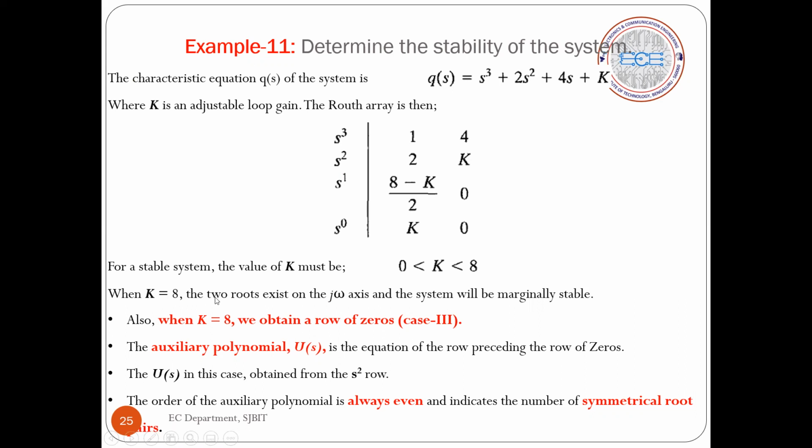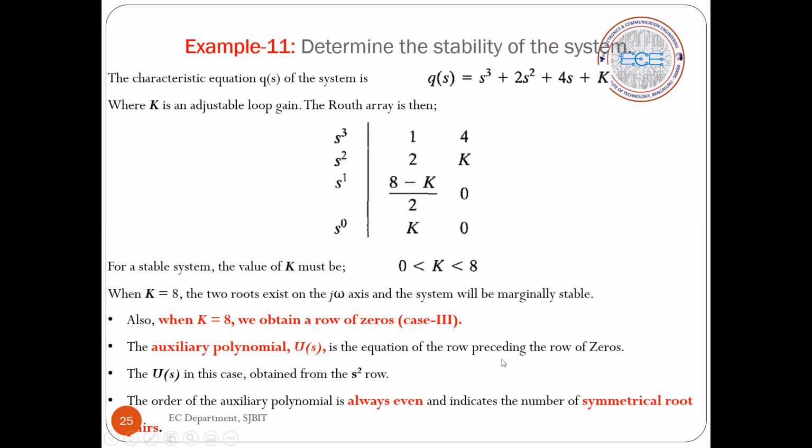So when K is 8, the two roots exist on the j omega axis and the system will be marginally stable. Correct? If it is marginally stable, then the roots exist on the imaginary axis. And the auxiliary equation I can construct.